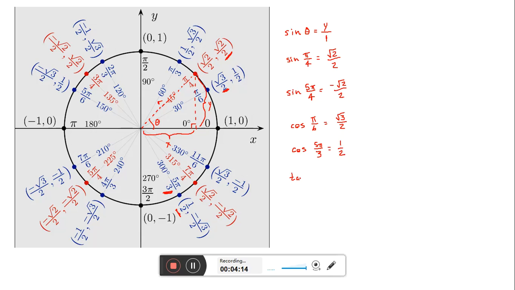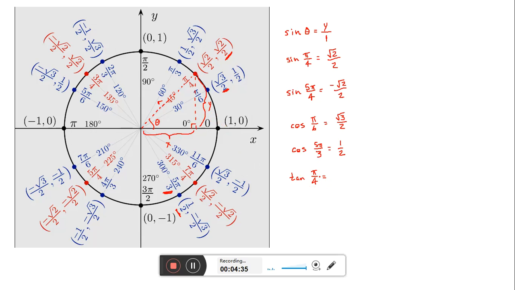Tangent is where it can get a little tricky. Let's talk about the tangent of pi over 4. Remember, the tangent is the opposite divided by the adjacent in triangle trig terms. So we need to take our y value and divide it by our x value.